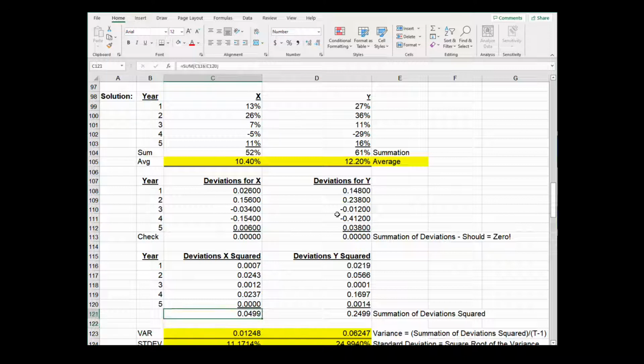I had 5 observations up above, so I'm going to divide by 4, and I get 0.01248 as the variance for X, and 0.06247 as the variance for Y.